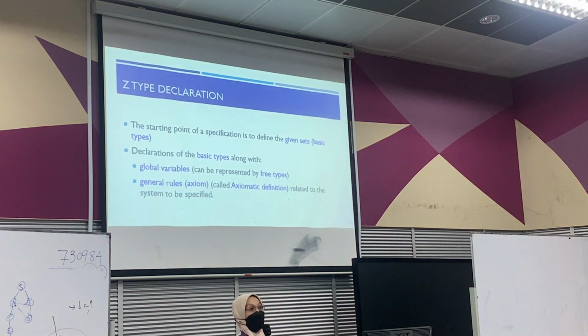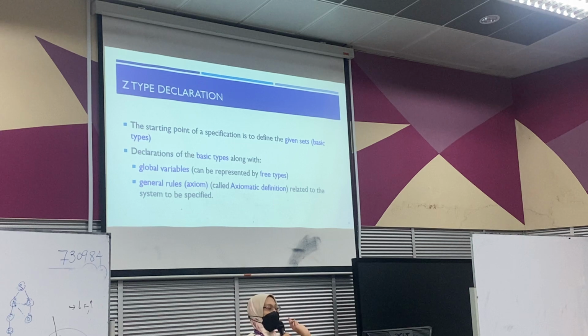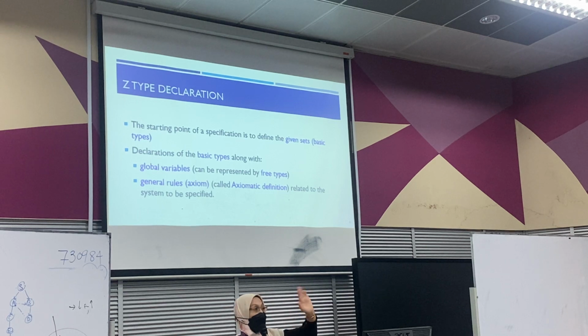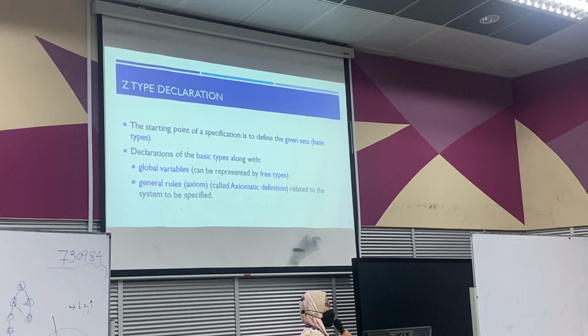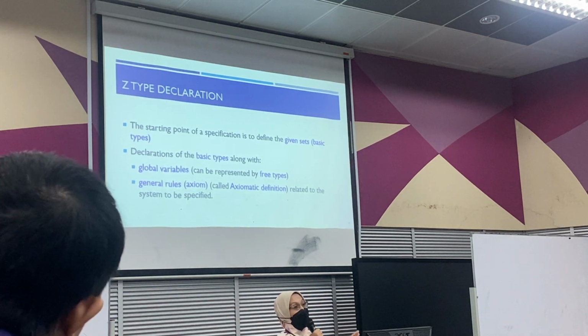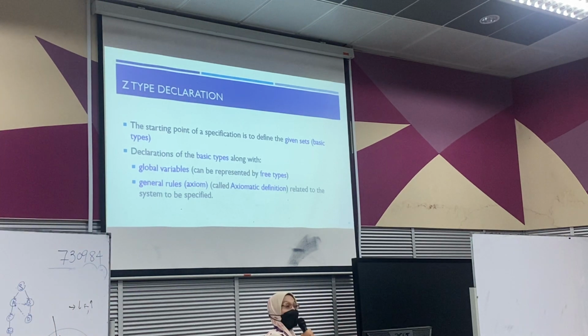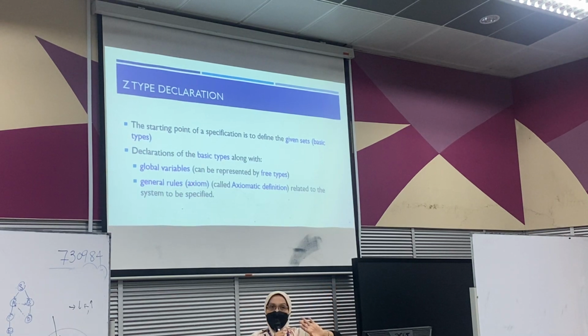So, you know how to declare your variable already. You know what is basic type, what is free type, and so on. So now, this is actually to tell you how you are going to proceed with your assignment. When you are going to do the assignment, up to this week let's say you have done all your introduction already, your requirements list, everything done.